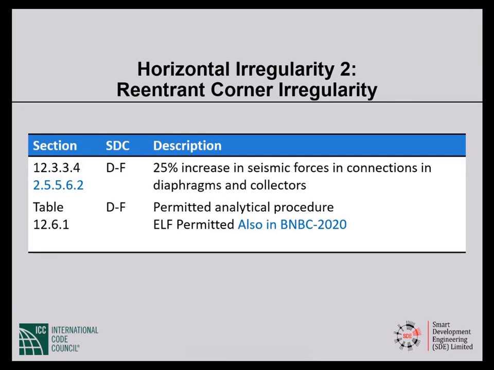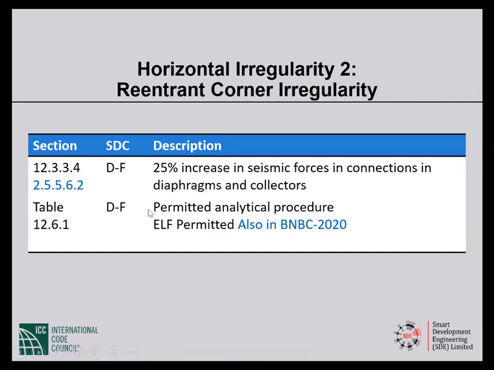Now there are two items in ASCE 7-05 that are invoked. One requires 25% increase in seismic forces in connections of diaphragms and collectors. This is BNBC section 2.5.5.6.2, no difference between the two documents.